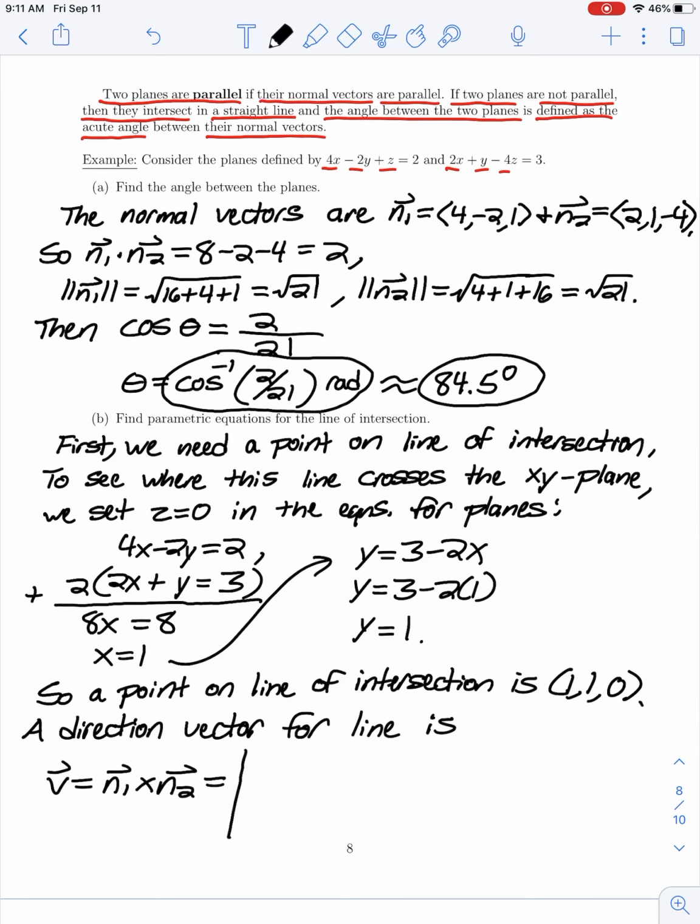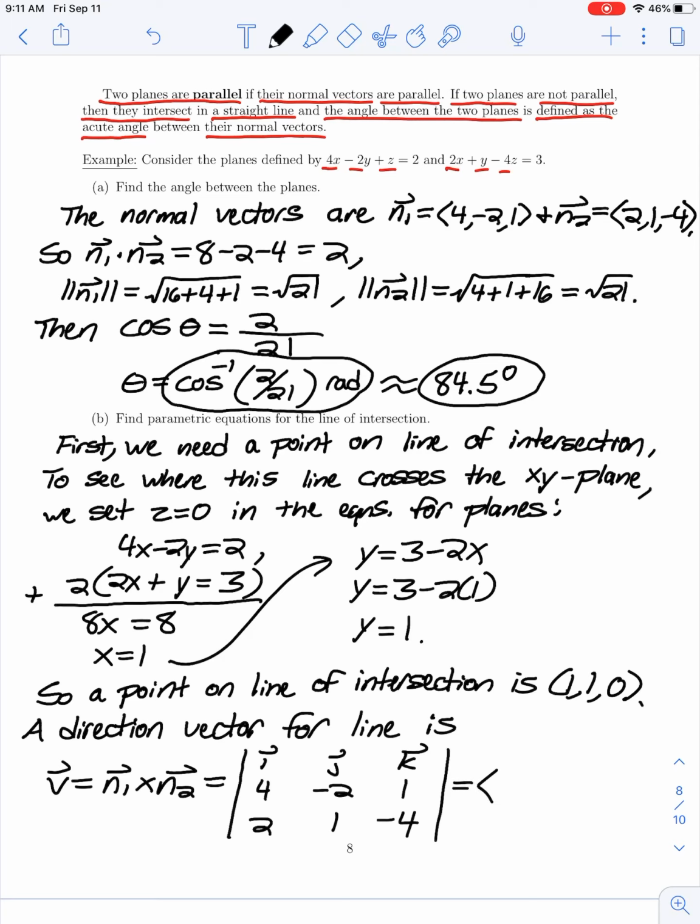So this would be given by the determinant of the 3 by 3 matrix whose first row consists of the standard basis vectors i, j, k, whose second row would be the first normal vector n1, which was 4, negative 2, 1, and whose third row would be the second normal vector 2, 1, negative 4.